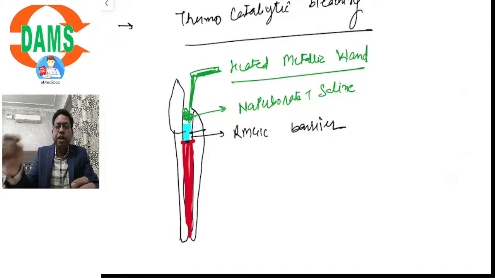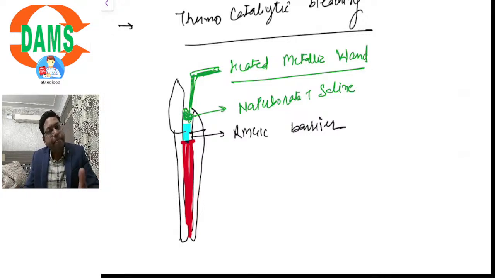It is heated, either manually over a flame or electrically. A heated plugger-like device is placed inside the pulp chamber, coming in contact with the bleaching agent. That heat would catalyze the rapid breakdown of sodium perborate into sodium metaborate and the active ingredient, that is nascent oxygen.